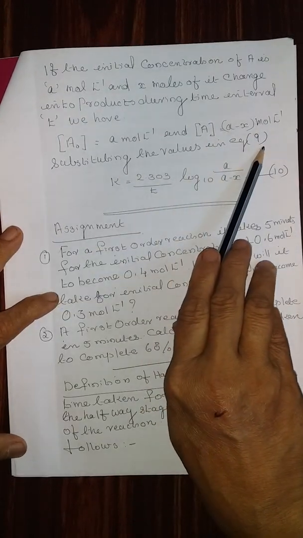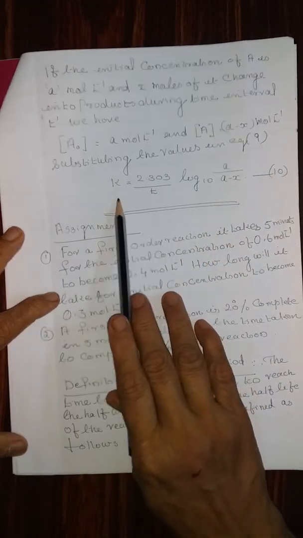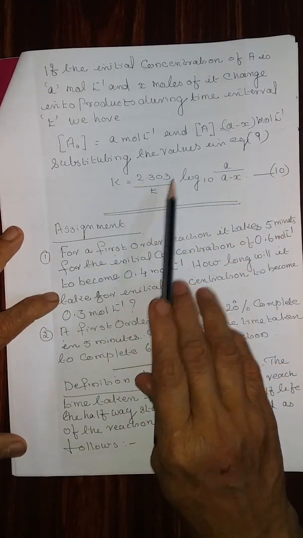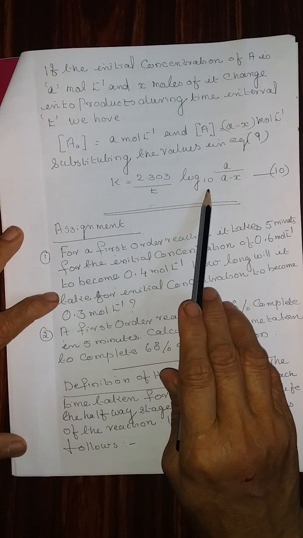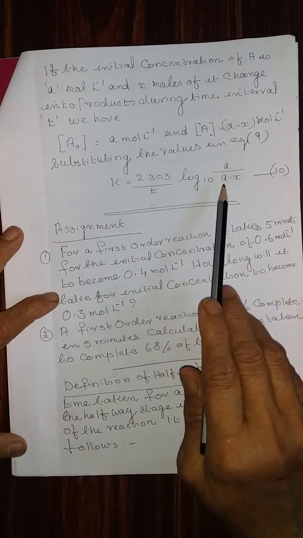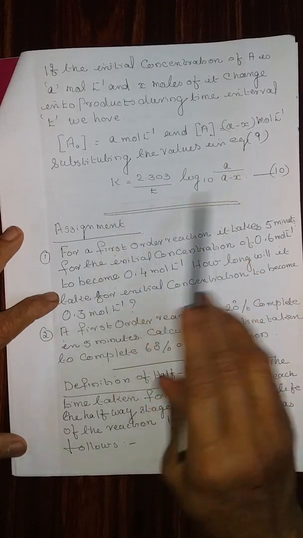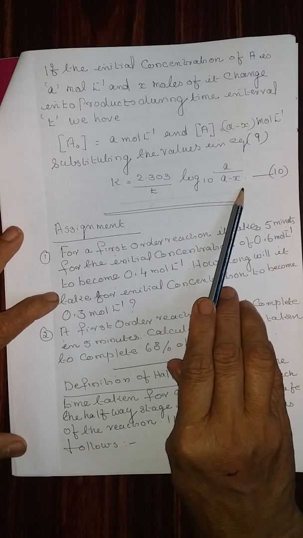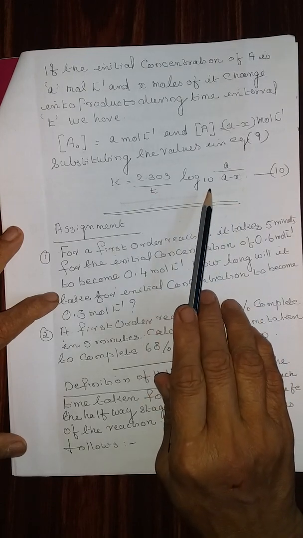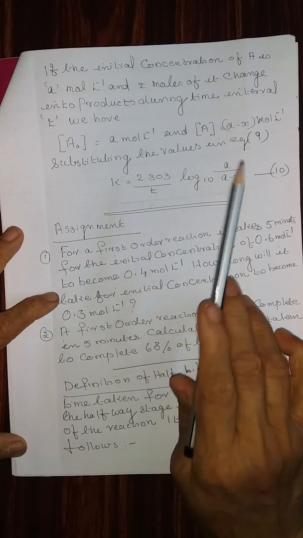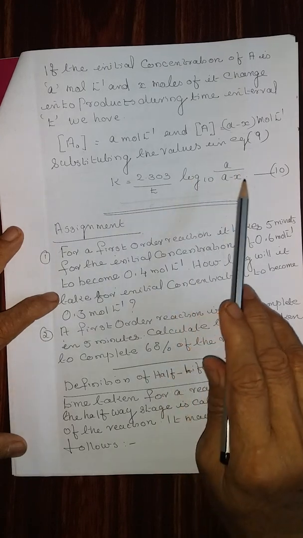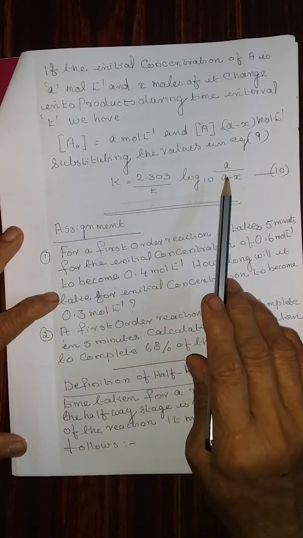Substituting the values in equation number 9, k is equal to 2.303 by t log to the base 10 a by a minus x. This is another form of first order equation. This is not the equation that you are supposed to write if they ask you to derive the first order equation. This will help you to solve the problem.